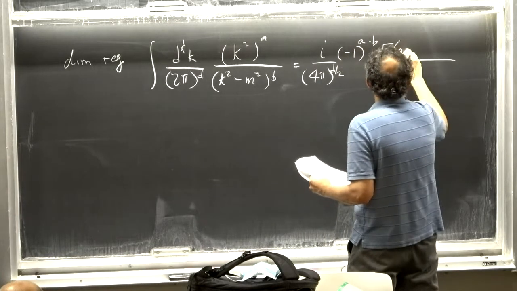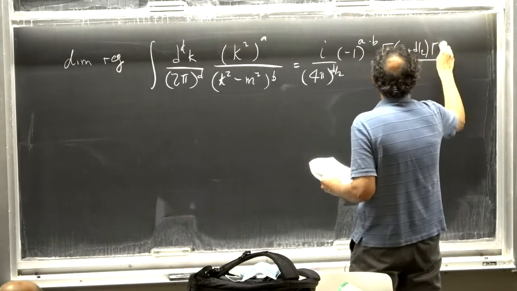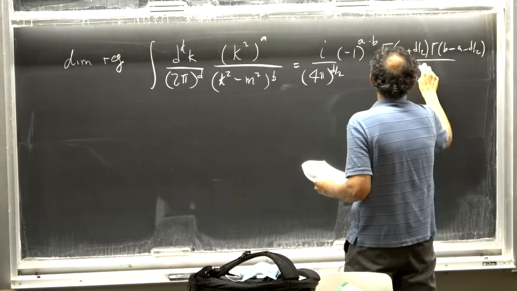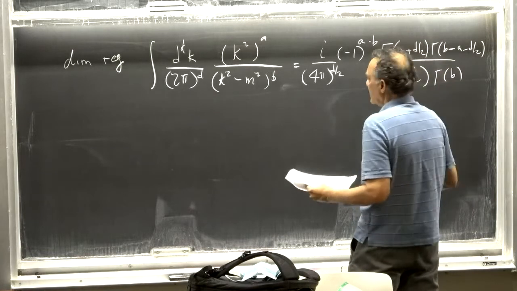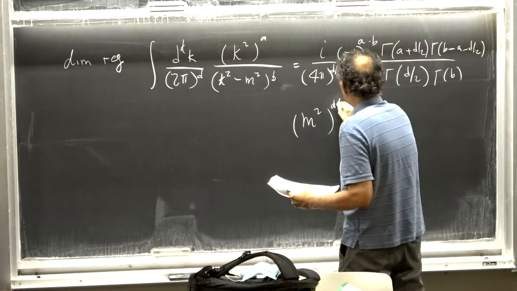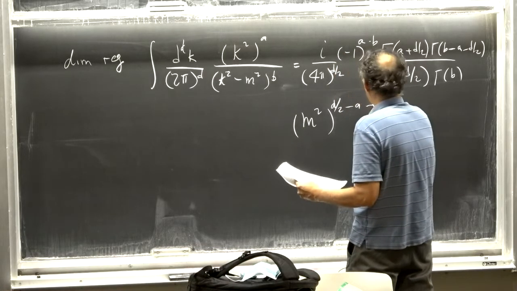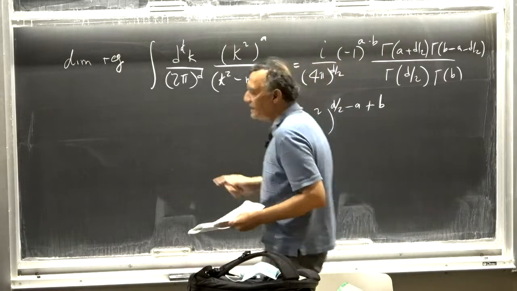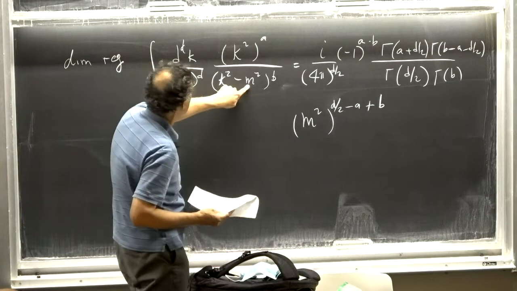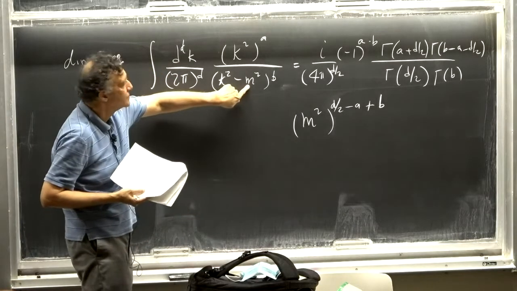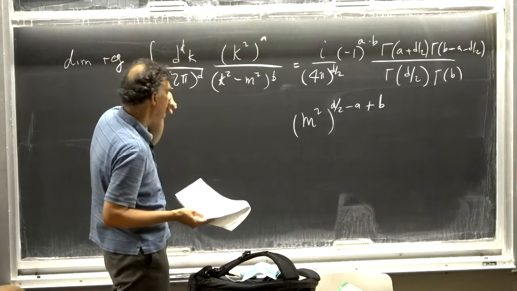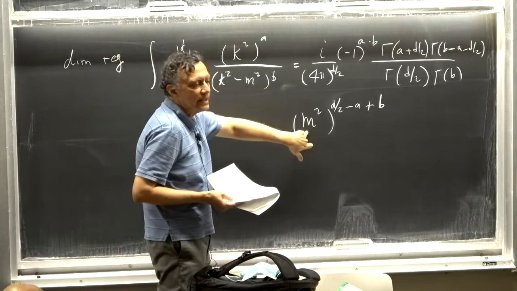Gamma A plus D over 2, gamma B. But the important point is that you get m squared to the d over 2 minus a plus b. One second. The integral only cares about what the mass is in the denominator. There's no cutoff. There's no nothing. Even if this integral is quadratically divergent, you only get the m over here.